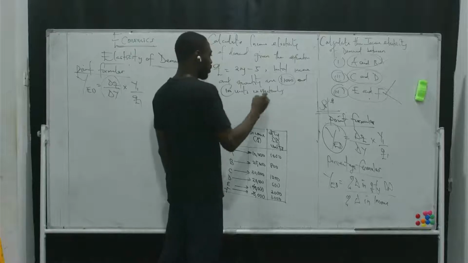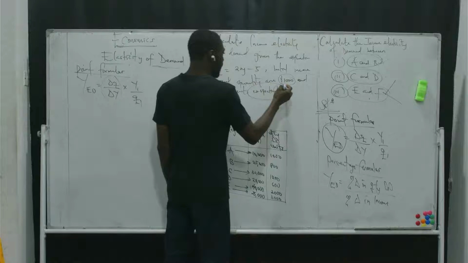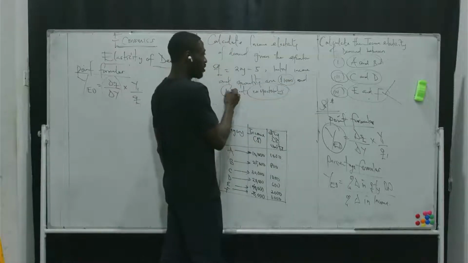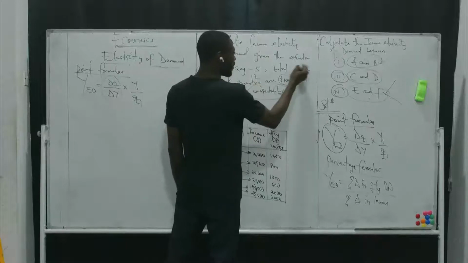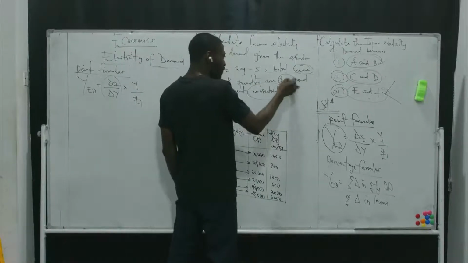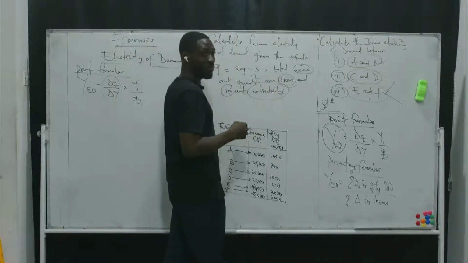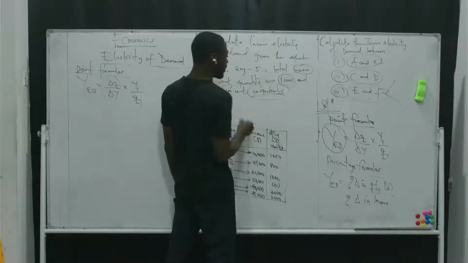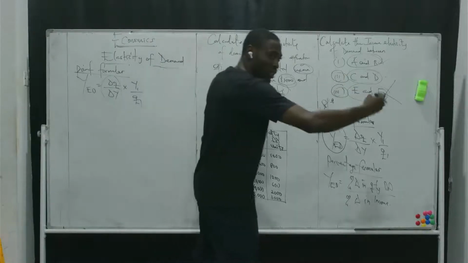Why? Because we have applied the word respectively. So the first value goes to income and the second value goes to quantity. That is what the word respectively means. Are you following? Respectively means it follows in order.